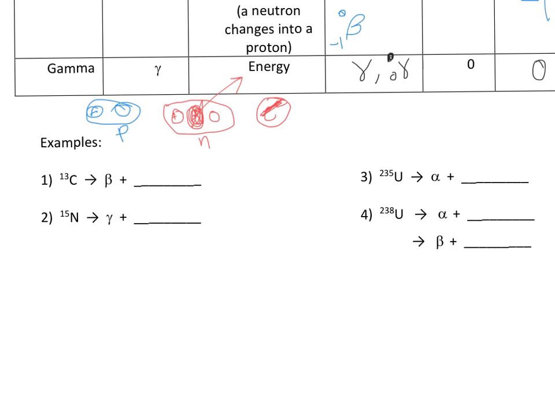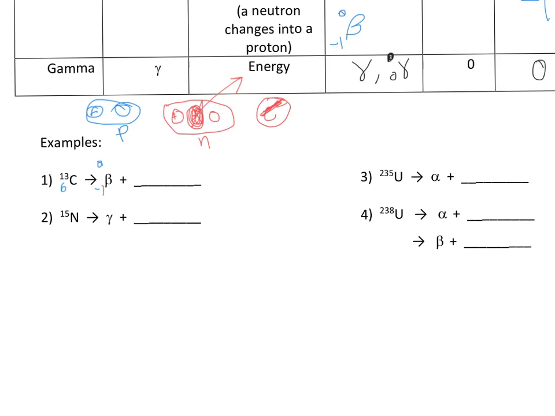It doesn't give us the atomic number, but that's easy to figure out because the atomic number is the number of protons, and that's what identifies the element. A carbon atom will always have 6 protons, or an atomic number of 6. So you can put a 6 down here. A beta, we said, has a mass number of 0 and an atomic number of -1. And then we solve it.